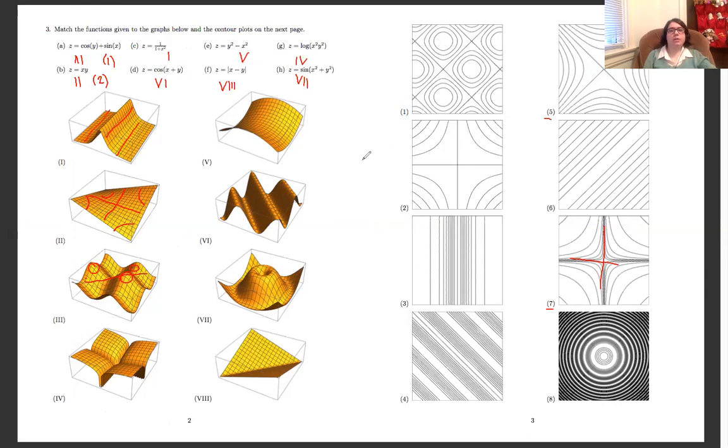So looking at these, who has straight lines? That's either 3 or 4 or 6. But when I'm looking at these straight lines, I expect them to be parallel or perpendicular to my axes, depending on if it's an X or Y. I don't expect a diagonal. So I'm going to rule out both 4 and 6 and lock in on 3.